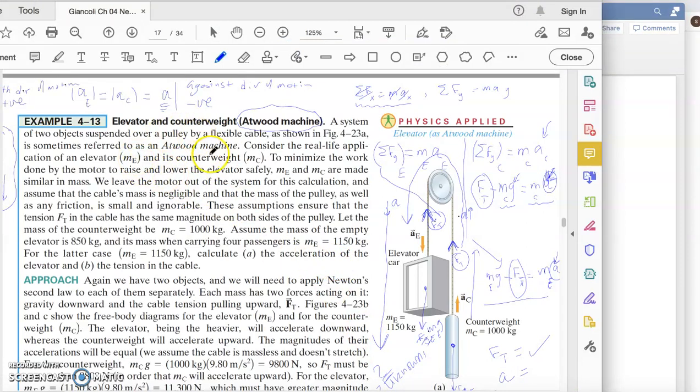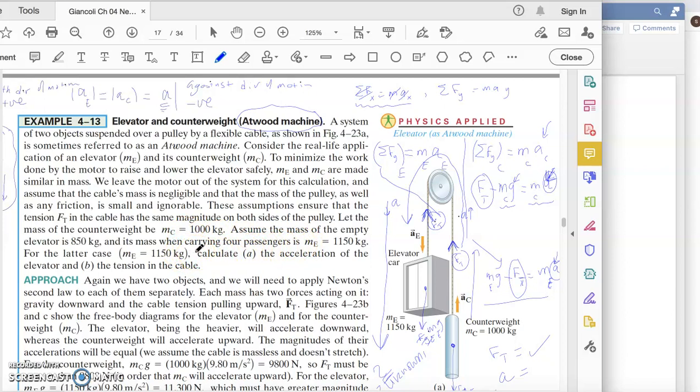So you see here, he's mentioning MC and ME, and that's it actually.